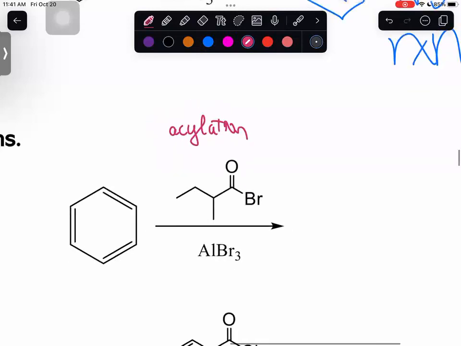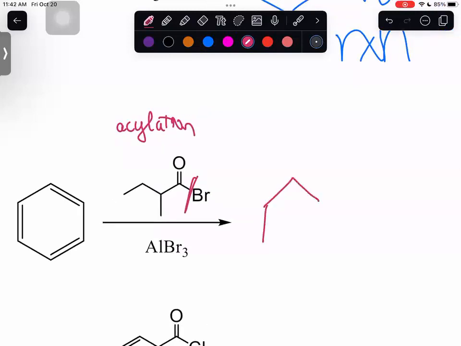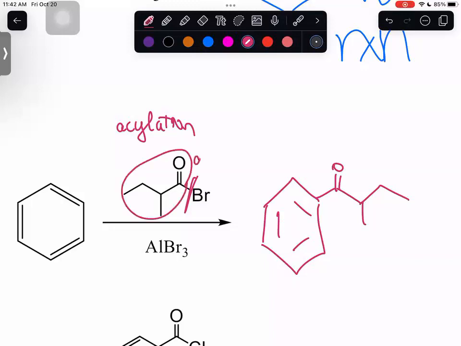So whenever we have acylations, we're just going to cleave off that leaving group, and then whatever's left, we're going to attach it into our benzene group. And that's it. Acyl group, A-C-Y-L. Yes, this portion is your acyl group.